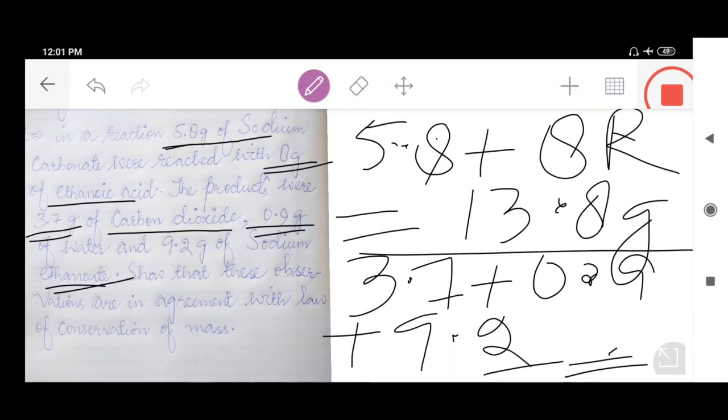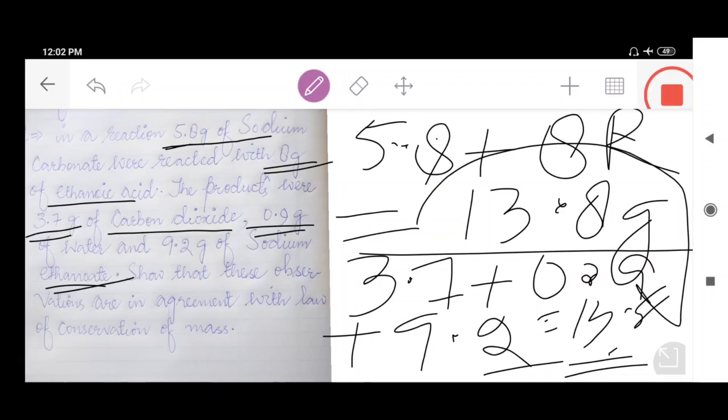The mass of the reactants is 13.8. The mass of the products is 3.7 plus 0.9 plus 9.2, that is 13.8. This also comes out to be 13.8. This means that the mass of the reactants is equal to the mass of the products.